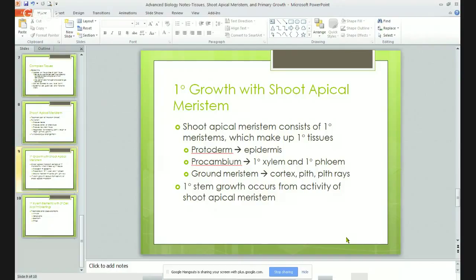Remember, this is coming from your ground meristem, which is that primary meristem. And I've shown you where the newer cells are and where the older cells are. Should make sense because the newer cells are going to be closer to that shoot apical meristem. As they get further down, they become a little more elongated in your epidermis. So that also helps with the height.